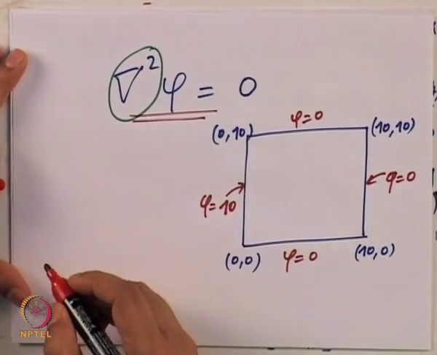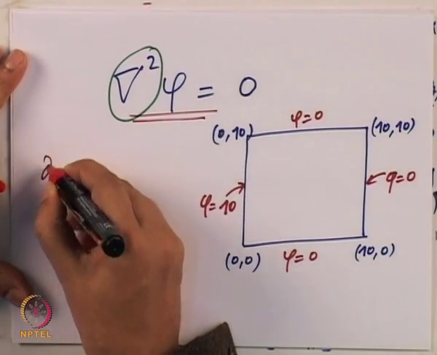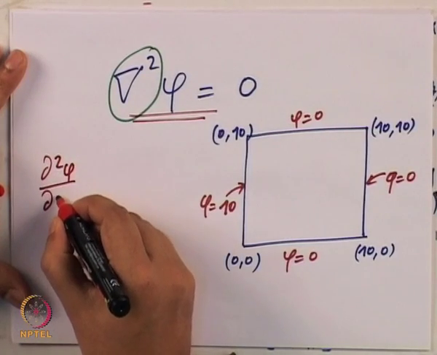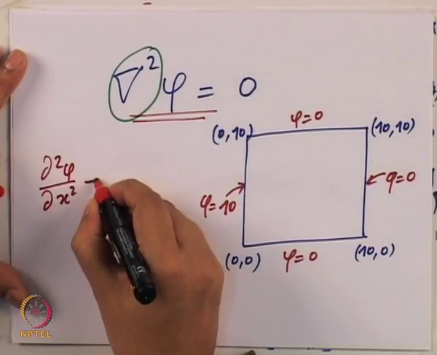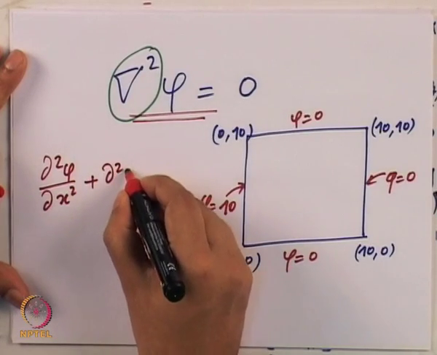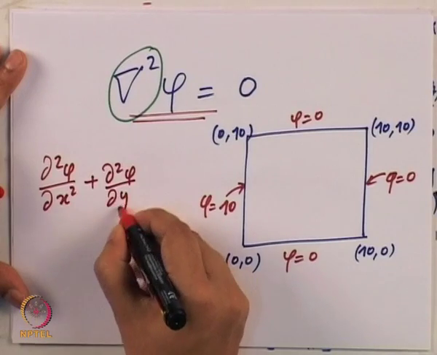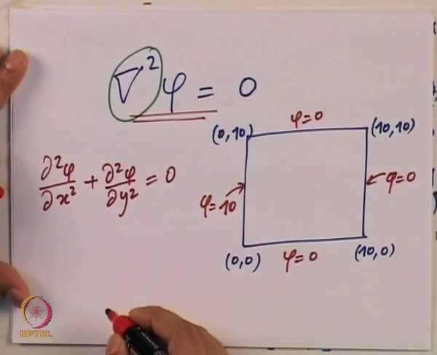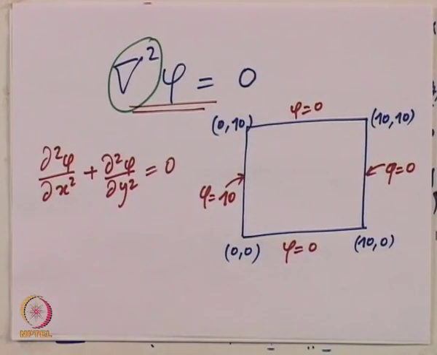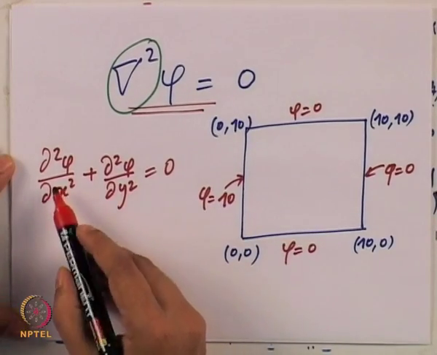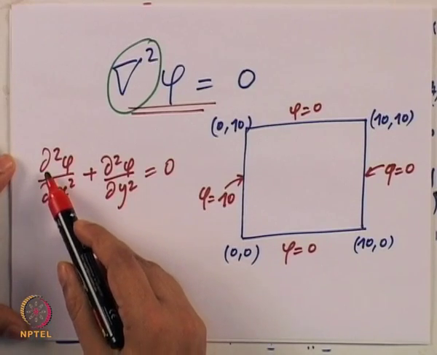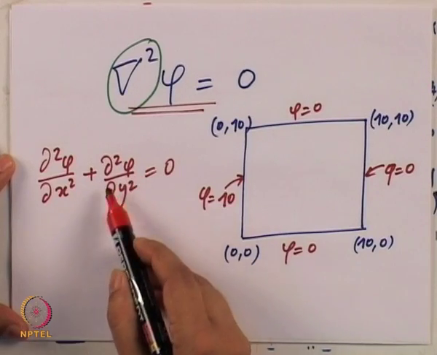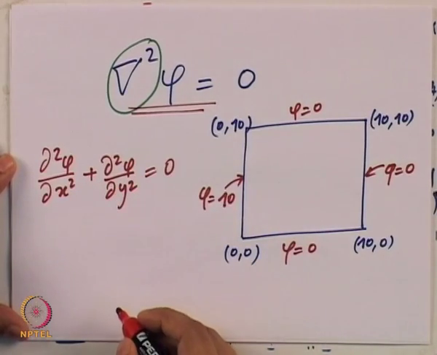In this particular case we can write dou square phi by dou x square plus dou square phi by dou y square is going to be equal to 0. So we have the basic equation in the continuous form written as dou square phi by dou x square plus dou square phi by dou y square equal to 0.